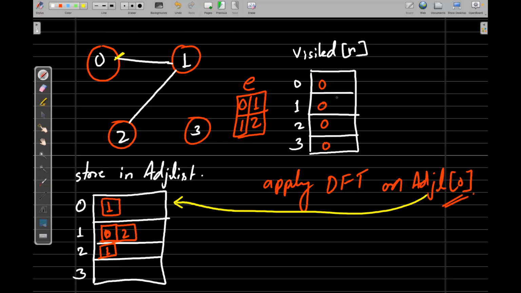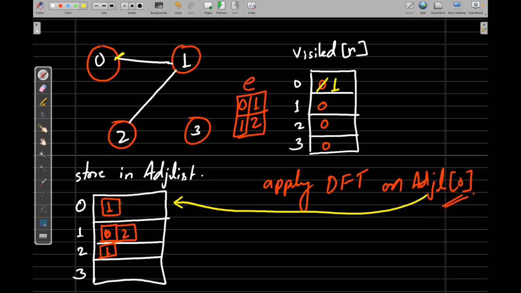And then when we apply DFT on the adjacency list, at the zeroth index, what will happen? It will say okay, zero, I have visited, so for the zeroth node it will mark 1. Then it will access the list.